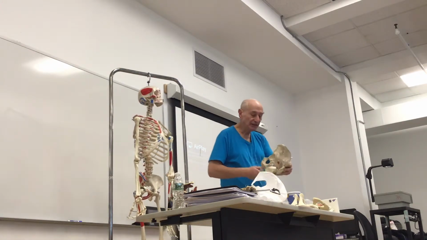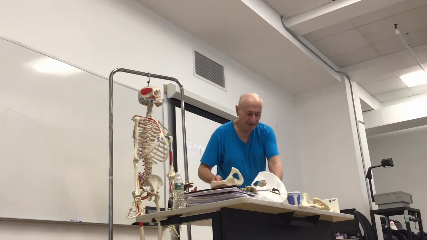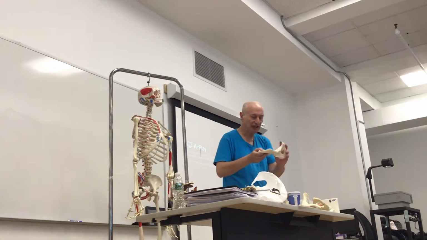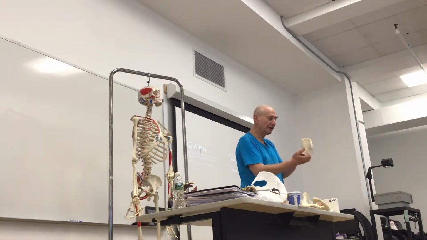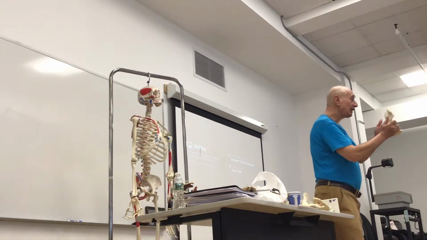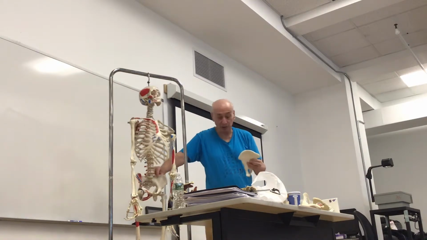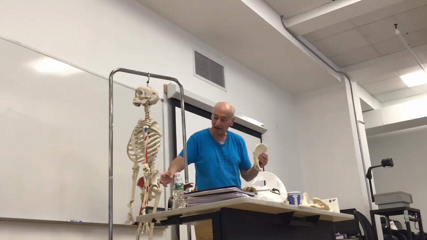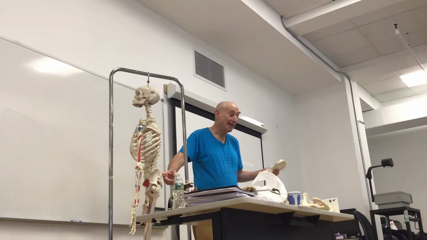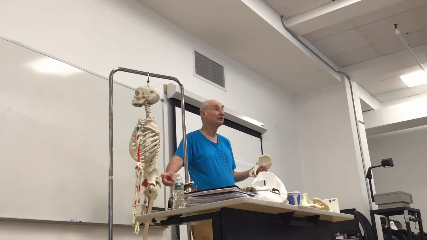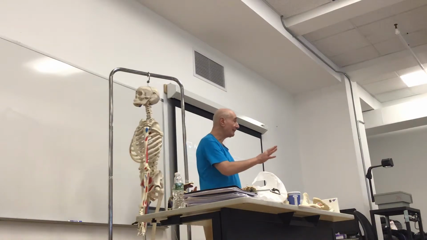And then, not as obvious, but I think everyone probably had this, the auricular surface of the sacrum articulates with the auricular surface of the os coxa, with the similar name and similar shape. That's the famous sacroiliac joint. Did everybody have that? Yes.